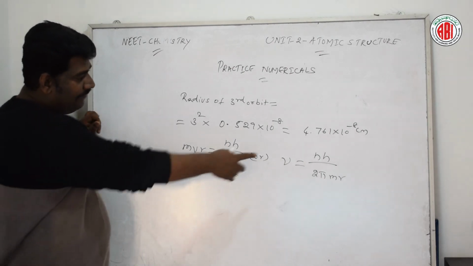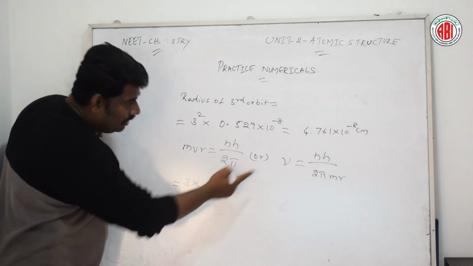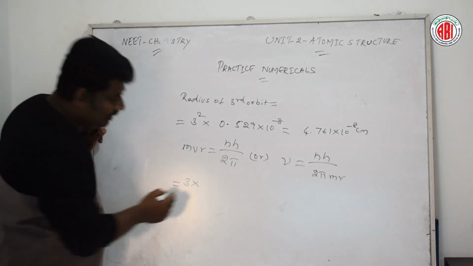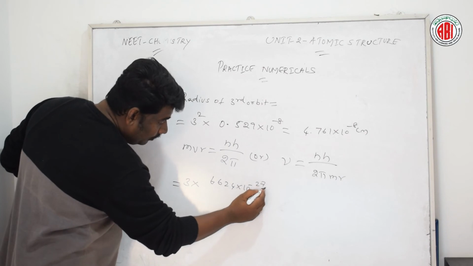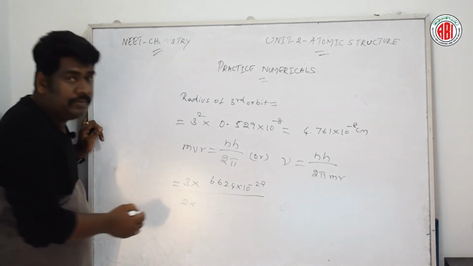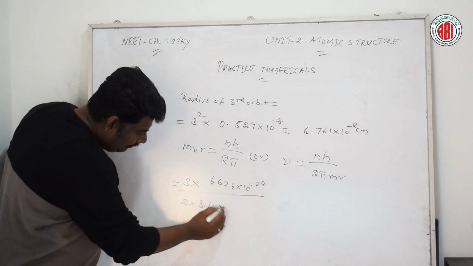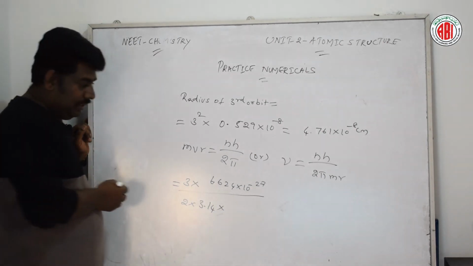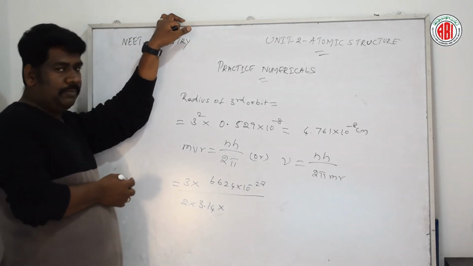The n value is the third orbit, that is 3, into h value, Planck's constant, 6.624 into 10 to the power of minus 27, by 2 into pi value, 3.14, into the mass of the electron.